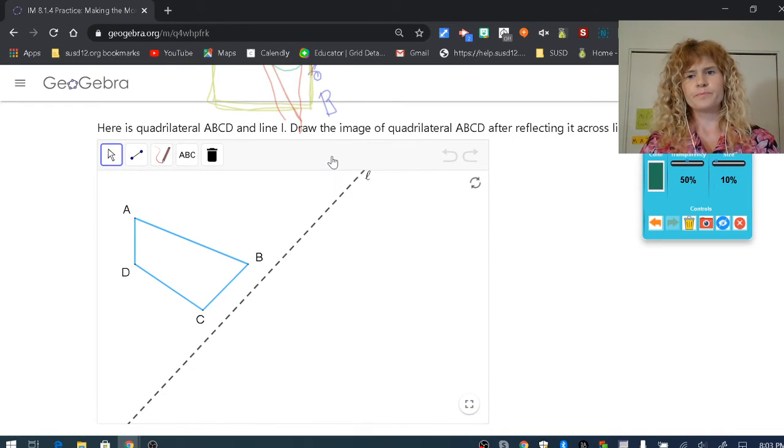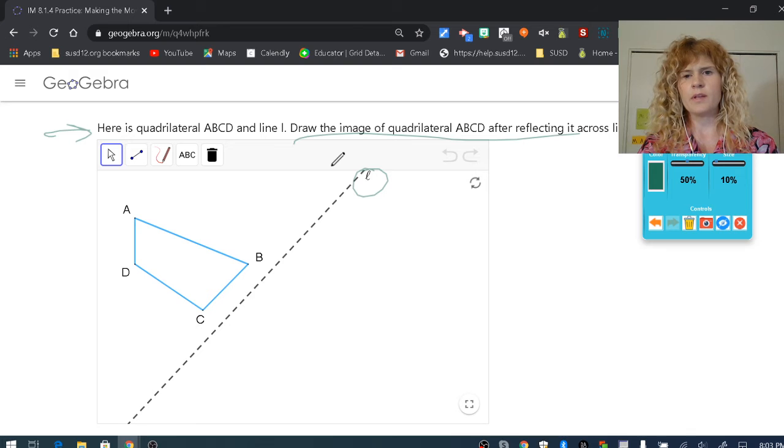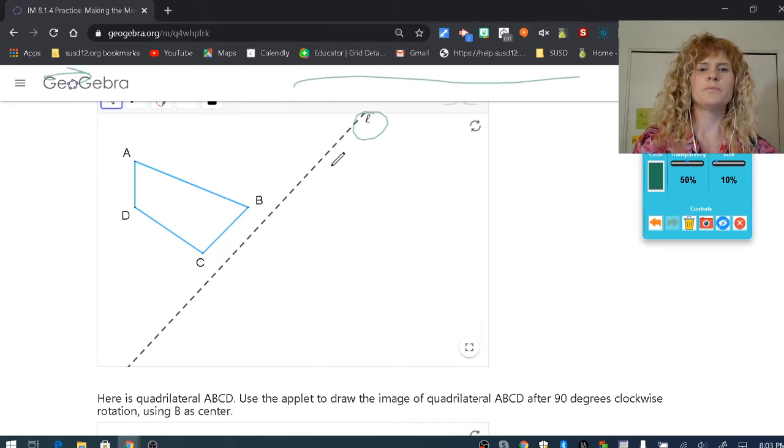Next problem. Here is quadrilateral ABCD and line L. Draw the image of quadrilateral ABCD after reflecting it across line L. So what do you think this image would look like after reflecting?